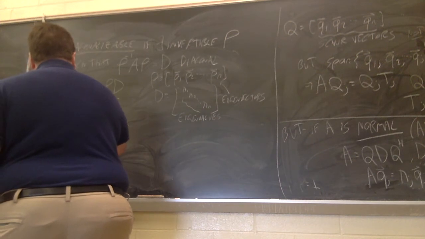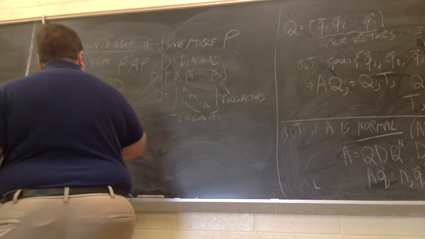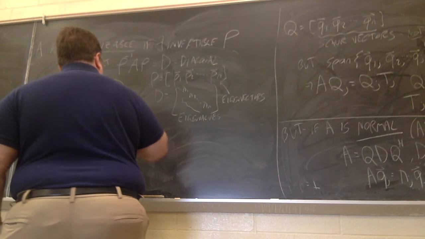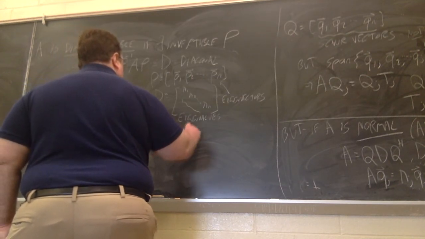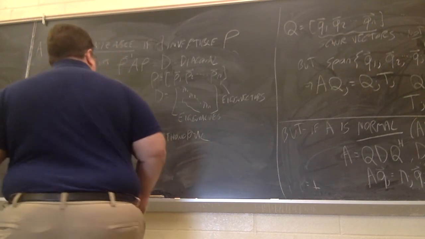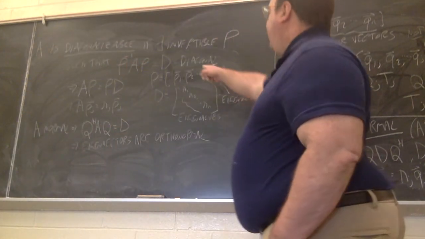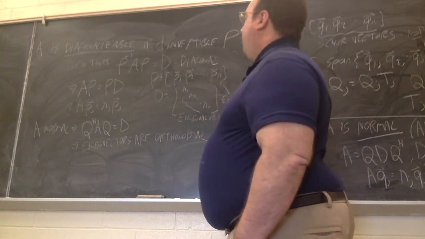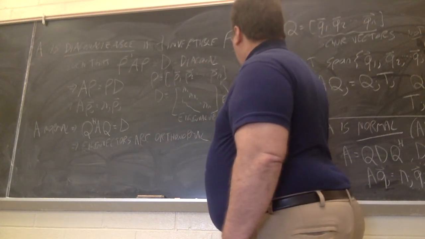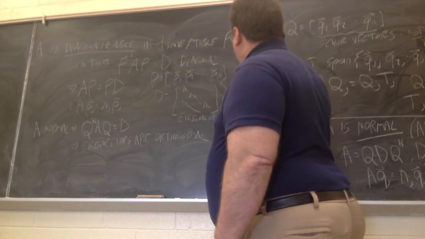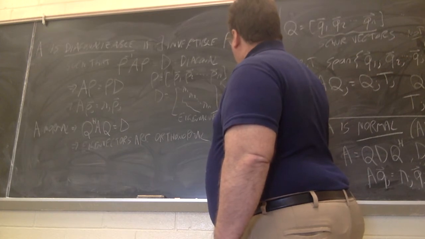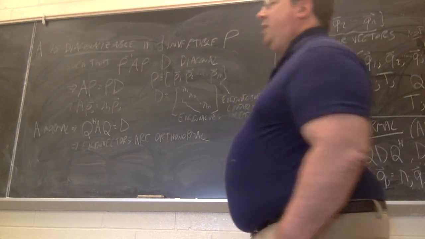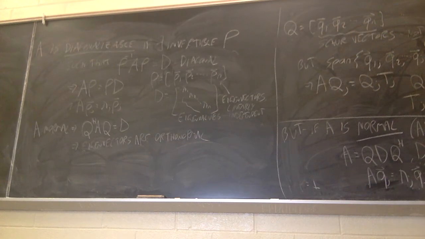So the eigenvectors are orthonormal. Whereas with P being an invertible matrix, all we could say before is that the eigenvectors are at least linearly independent. But if A is normal, we can make a stronger statement and say they form an orthonormal set.